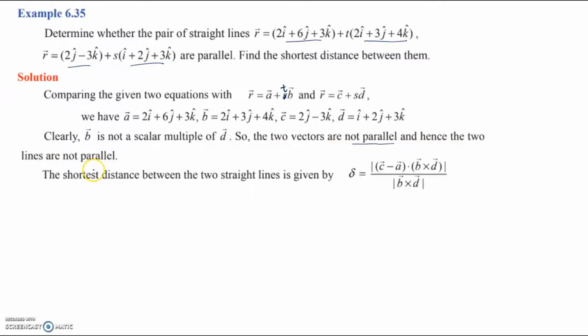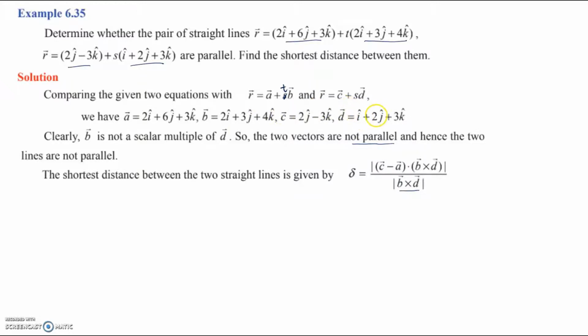Okay, so now let's proceed to find the shortest distance between the two lines, and it's given by the formula delta is equal to this. First we need to find our b cross product with d. So this is our b and that's our d.